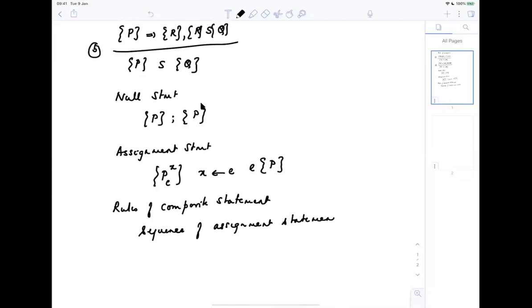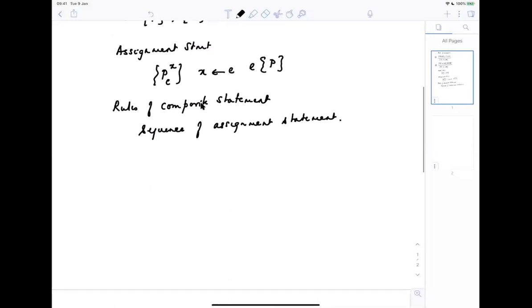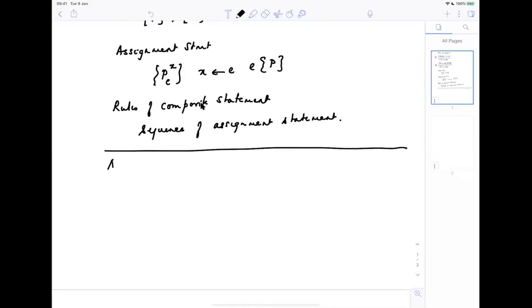All right. So today what we're going to do is, the assignment statement is completed. So we'll look at the alternative statement, and we all know that the alternative statement has two forms. If B, then S1, else S2.